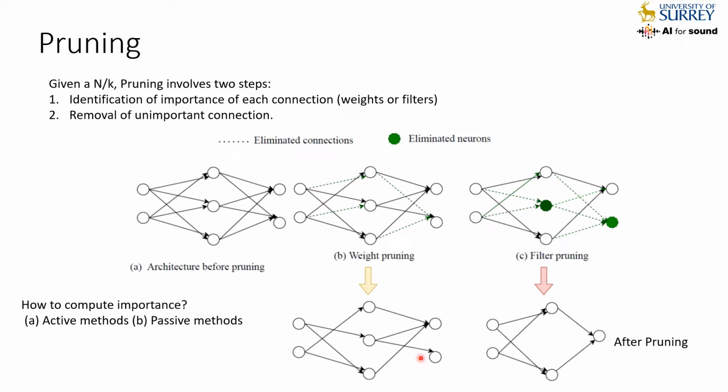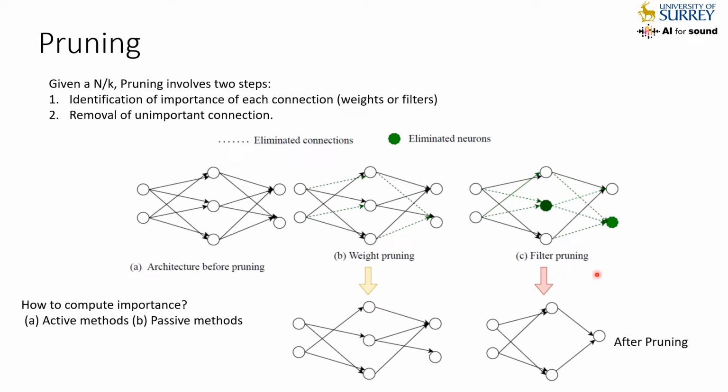Unstructured networks require extra hardware or software for efficient acceleration despite the removal of connections. On the other hand, filter pruning doesn't require any extra specialized hardware or software for efficient acceleration due to the structured pruned network. Therefore, filter pruning methods are pretty popular.